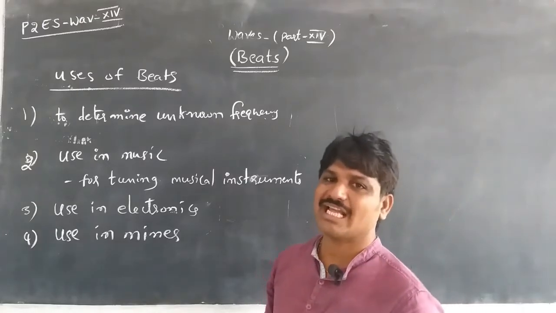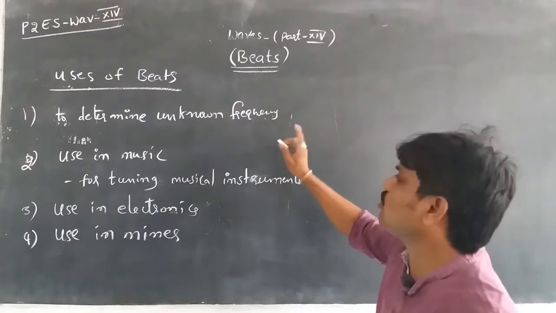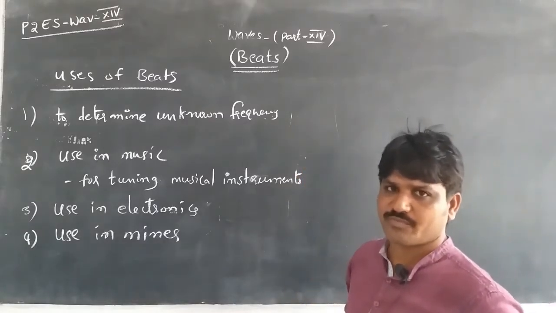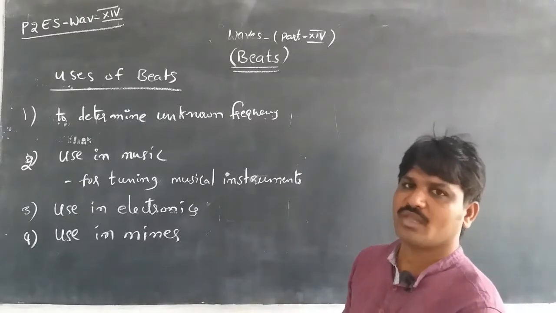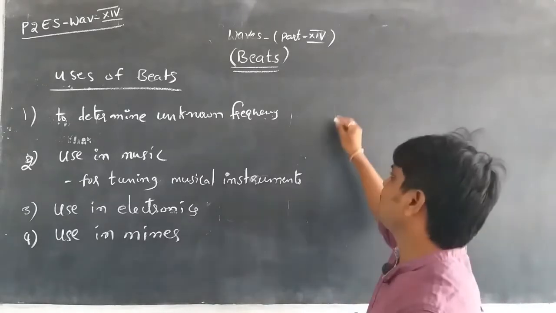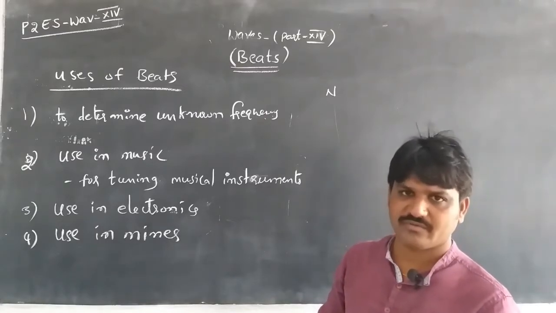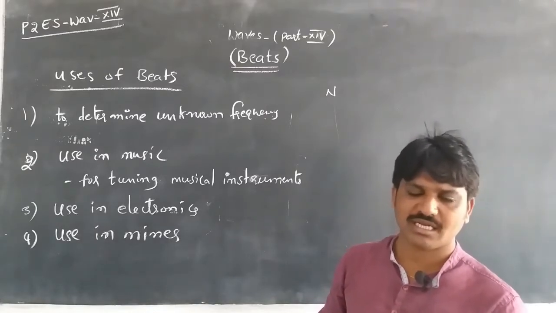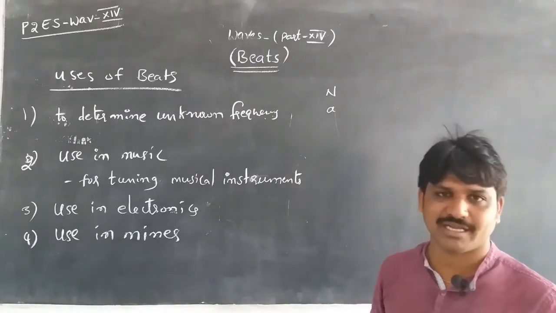How can it be found? If we take the tuning fork of unknown frequency and another standard tuning fork, let the standard tuning fork's frequency be n, and let A be the number of beats, the number of vibrations per second.